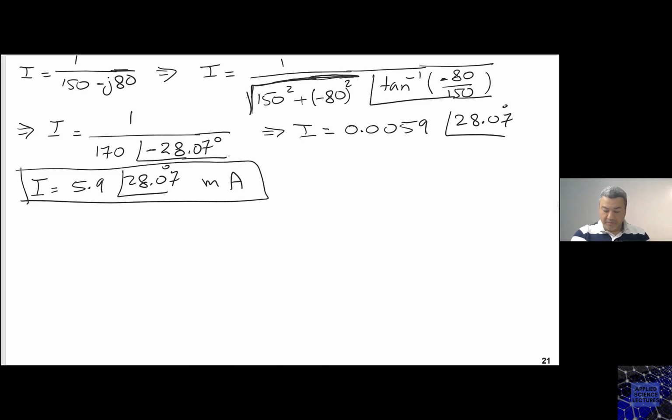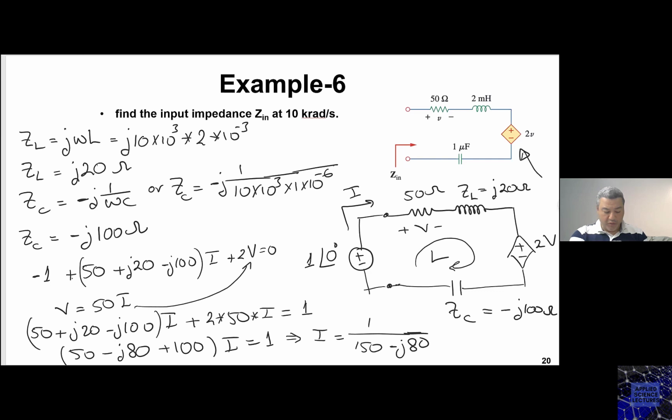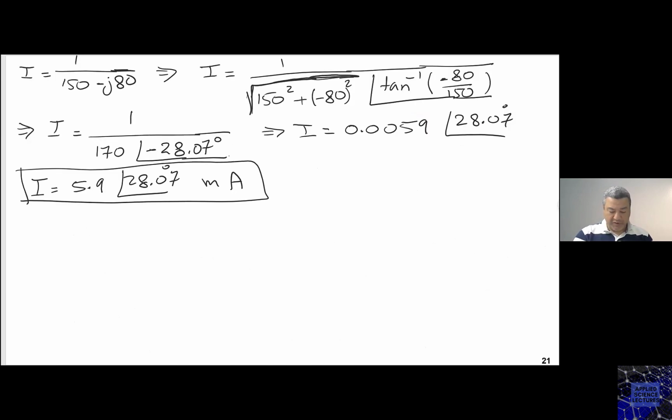Okay, so we got the current. This is the current. Now, what is the impedance?